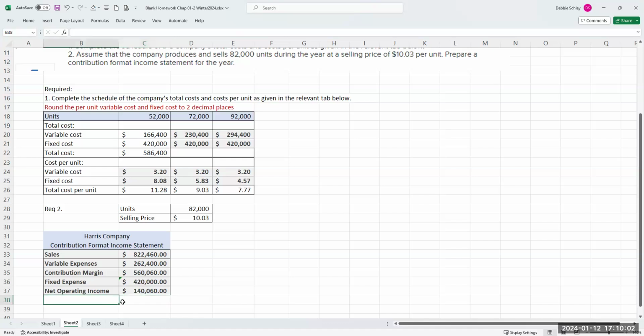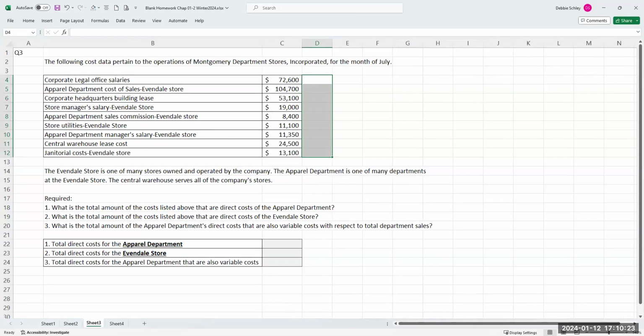And so just remember, as you're entering required 2 into the book, make sure you fill in these labels and then fill in these numbers. And as always, as we're going through these problems, be really, really careful not to put any typos anywhere, or that will skew your numbers and you'll get the wrong answer.